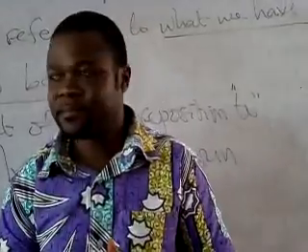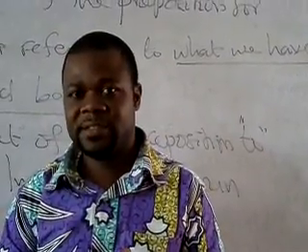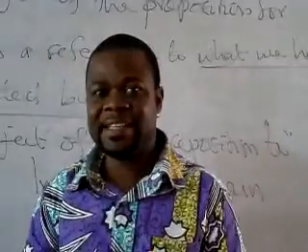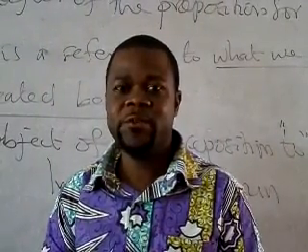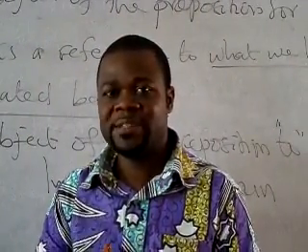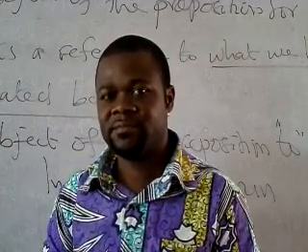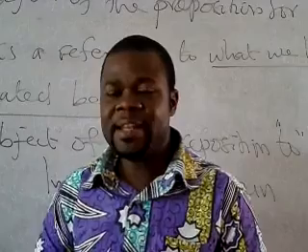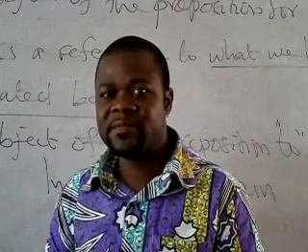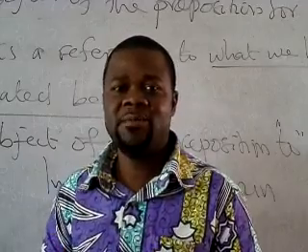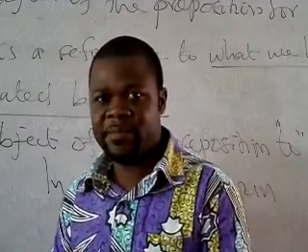We looked at the noun clause as subject of a verb, and we identified that when we realized that the noun clause was placed before the verb in question. Then, when the noun clause is placed after the verb, we say it is object of that verb.